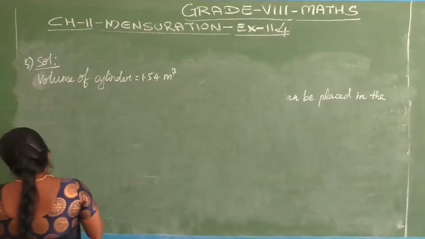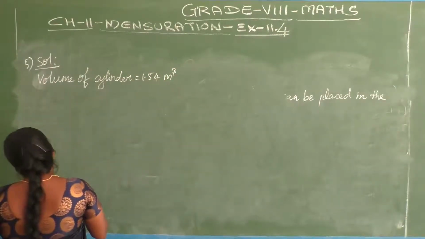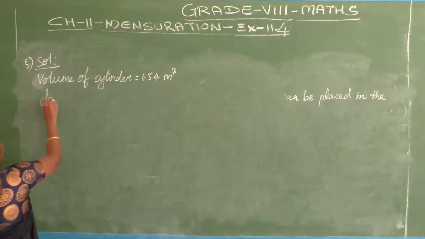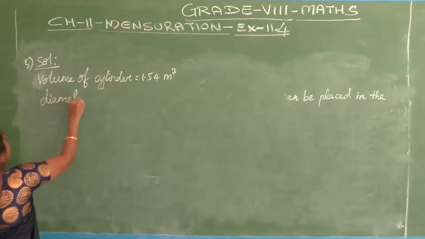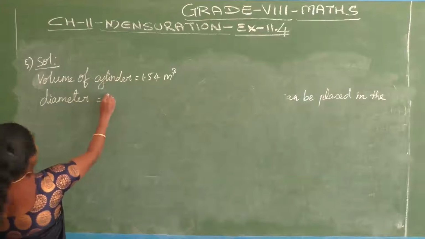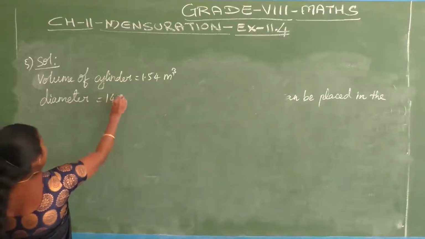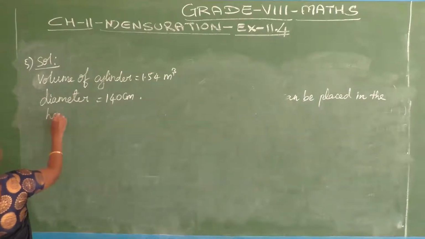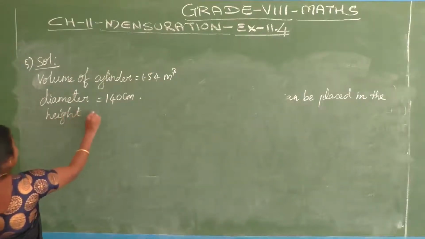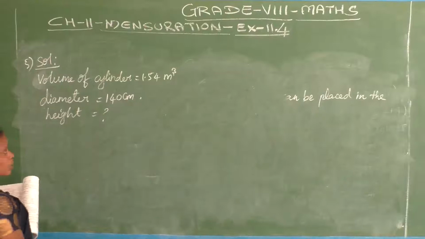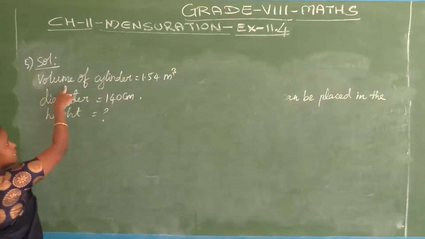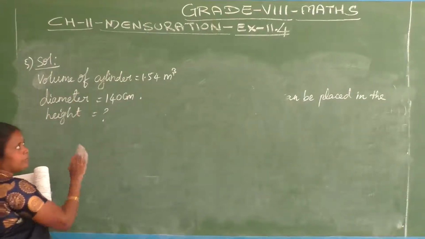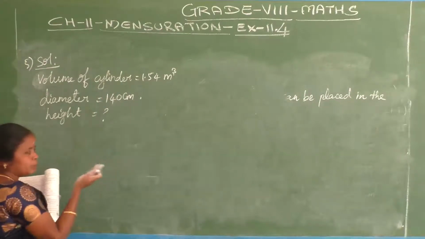The diameter of the base is 140 centimeter. Find the height of the cylinder. This is the question. Since the volume is given, we have to apply that formula, and the formula is to be equalized with the given value.